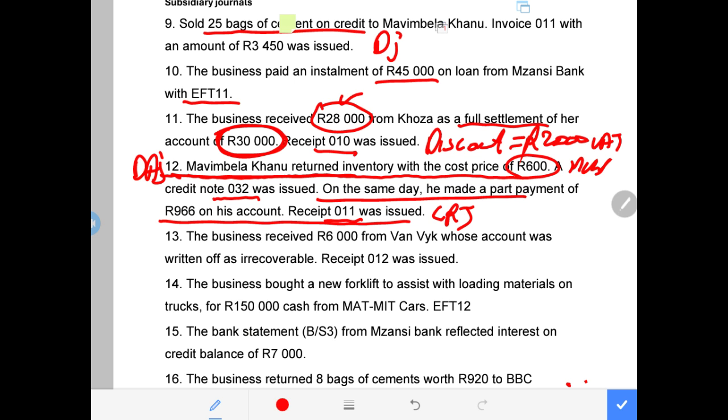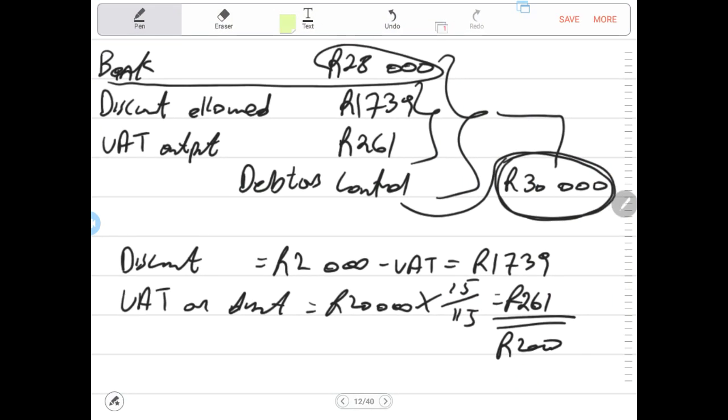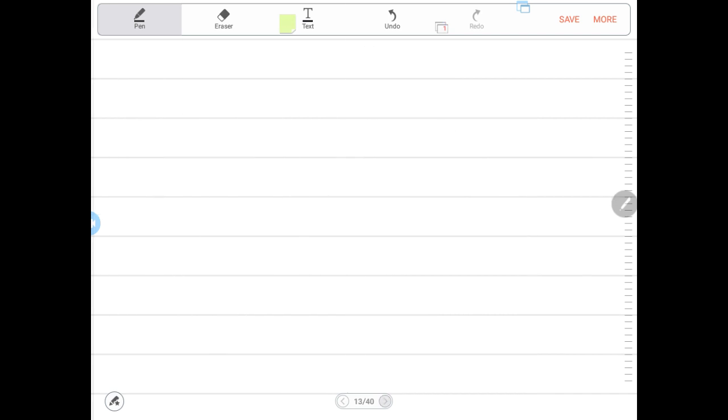So now if it's the return, we need to note that the cost price of the return is 600. Now if the cost price is 600, then we need to take this into account and we debit our trading stock. We debit our trading stock, it is the vice versa of the credit sale.